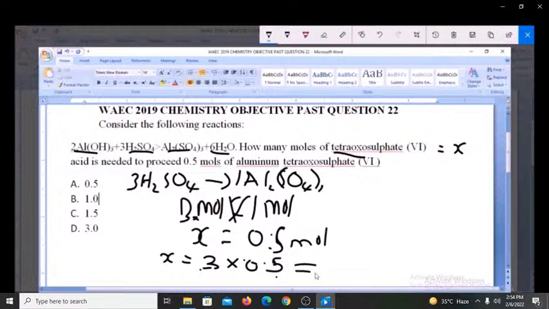And that is equal to 1.5 moles. So this means that 1.5 moles of tetraoxosulfate 6 acid will be required to produce 0.5 mole of aluminium tetraoxosulfate 6. So our answer is C, which is 1.5 mole.